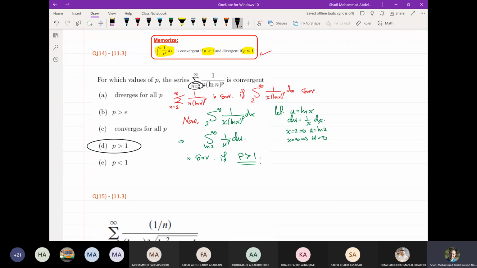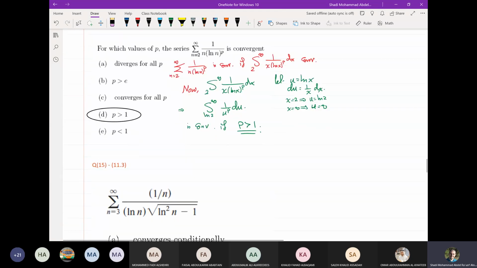I start from 2. This is the condition. So it is continuous and decreasing because the numerator is 1 and the denominator increases. So it is a decreasing function. So it is continuous, decreasing with positive terms, so you can use the integral test. Yes, you are right, but it's already satisfied here.